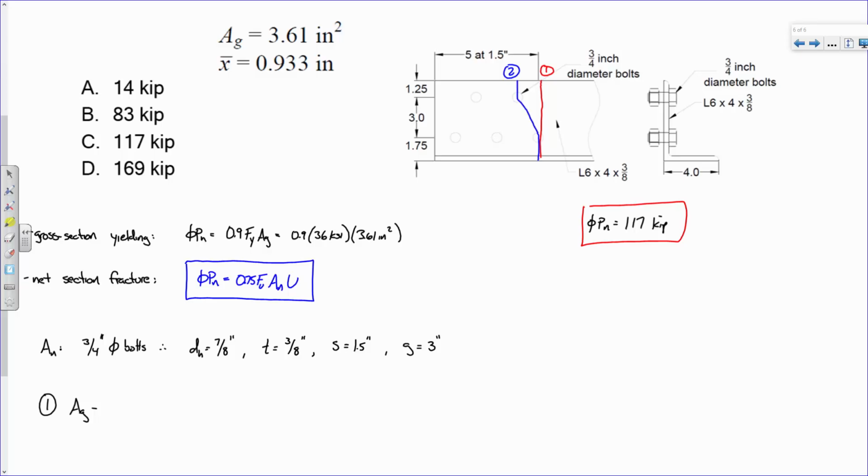It's not pi over 4 d squared. If you say that, that's wrong. So it's d times t. 3.61 square inches minus 7/8 times 3/8. So that equals what?